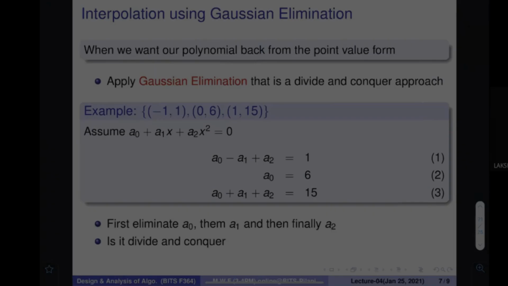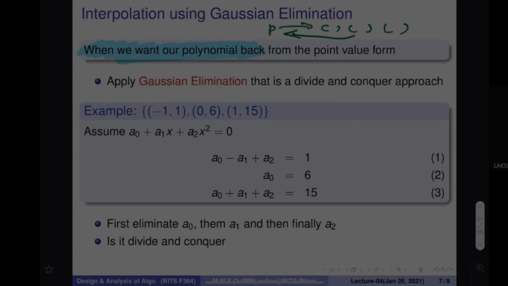Okay. So sometimes you want your polynomial back. Let's assume that you have a polynomial and you have converted it to the point value form, and you are not able to understand the point values. You want to find out what the function is. Give me the function. How can I find it?